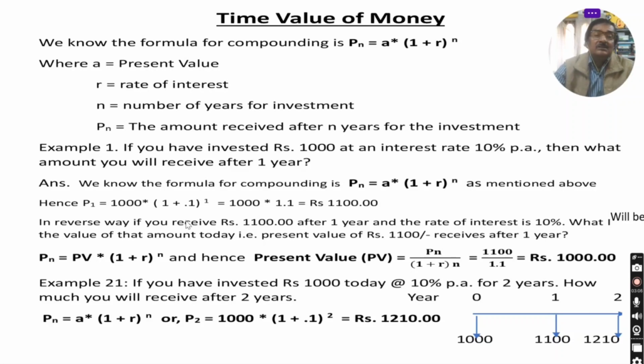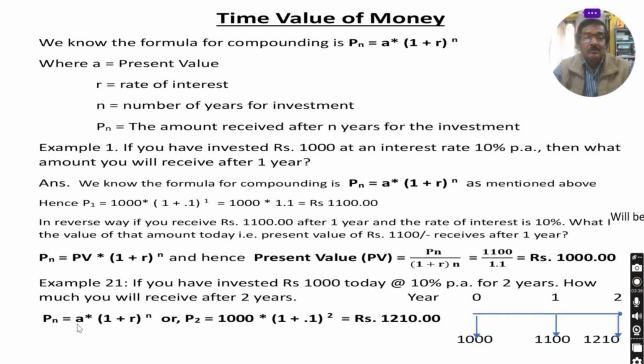Okay. Another example. The number is wrongly written. It is example 2, not 21. It is just a mistake. Suppose you have invested rupees 1000 today at the rate of 10% for 2 years, not 1 year. How much will you receive after 2 years?